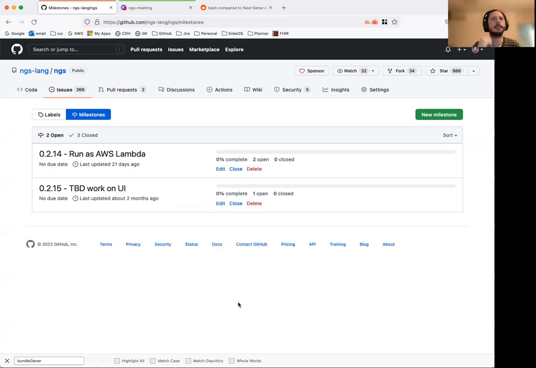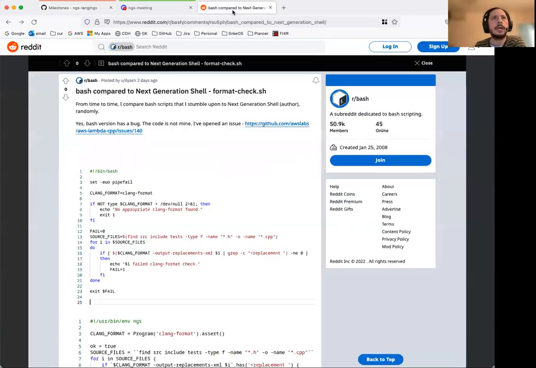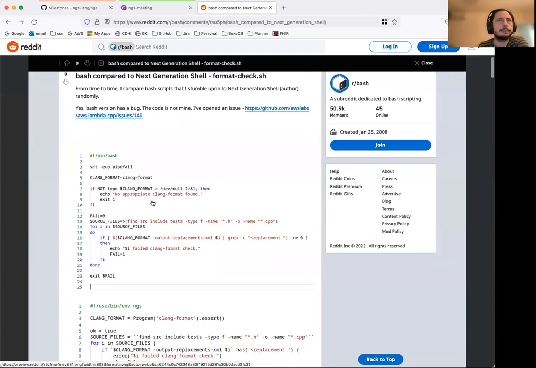Well, we covered the recent progress and plans, and now I would like to talk about something extra. Another thing that happened: sometimes I post a comparison between Bash and Next Generation Shell. This time it was in the Bash subreddit, and it's just some script that I stumbled upon in AWS Labs while working on Lambda, by the way.